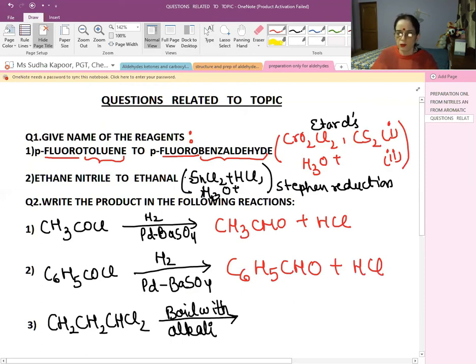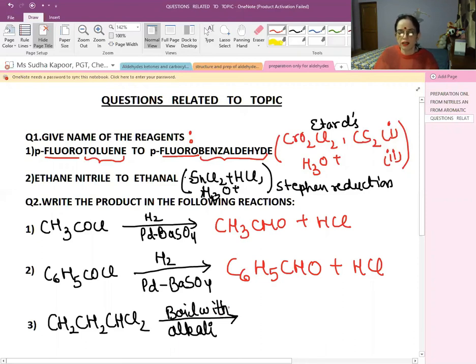Now, the third one. In this case, we are provided with the gem dichloro compound, that is the dichloride, where both the Cl are present on the same carbon. When we boil it with alkali, both the Cl will be replaced by OH groups. But a single carbon cannot hold both OH groups, because gem diols are unstable in nature.